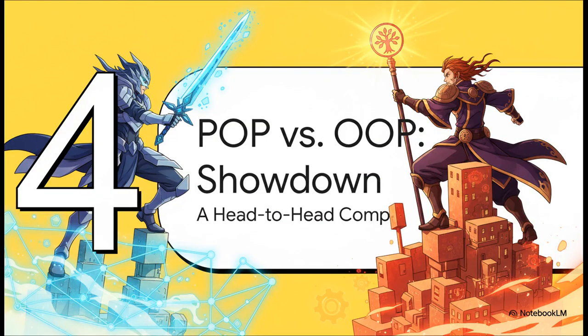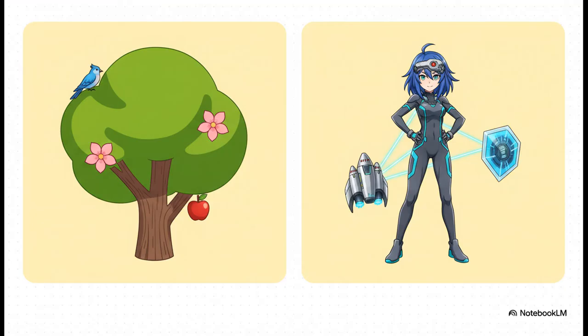All right, now that we've seen POP in action, let's put it in the ring with traditional OOP to really hammer home the differences. Let's get ready for the showdown. On the most basic, fundamental level, OOP is built on inheritance. That is an is-a relationship. A poodle is a dog. POP, on the other hand, is built on composition. It's a can-do relationship. A car can do the drivable thing. It's a subtle but really profound difference in how we build our code.